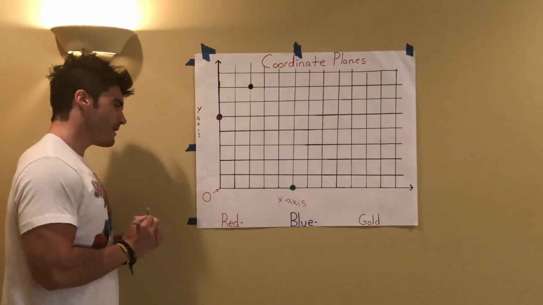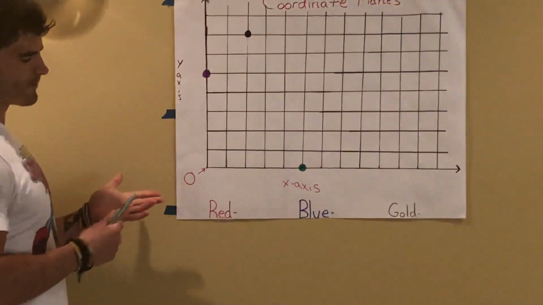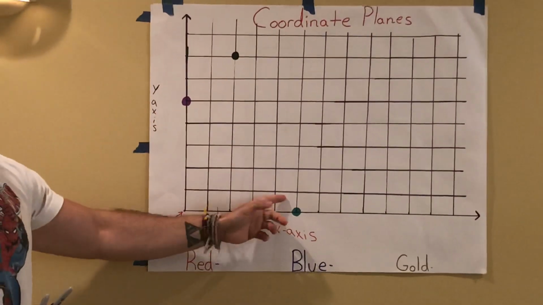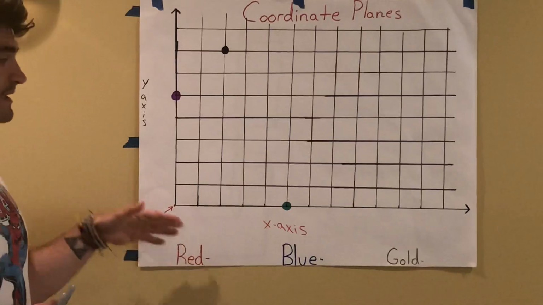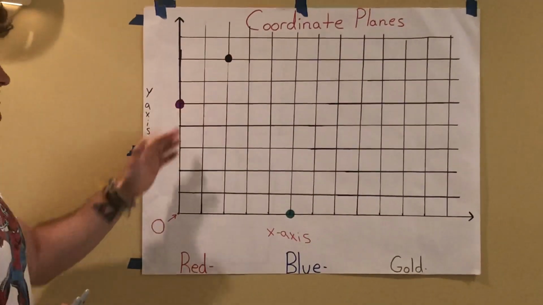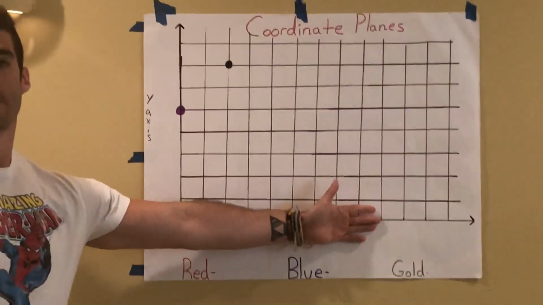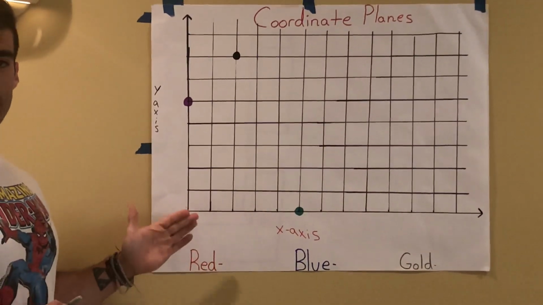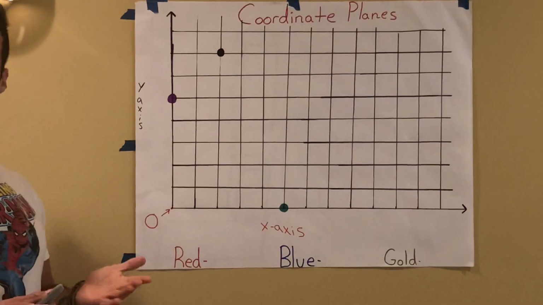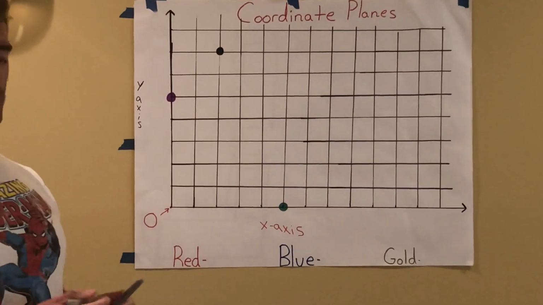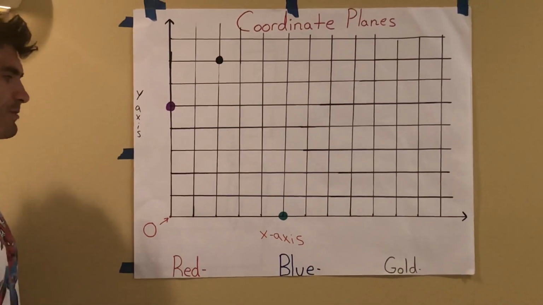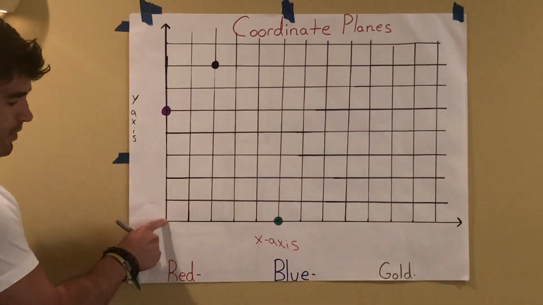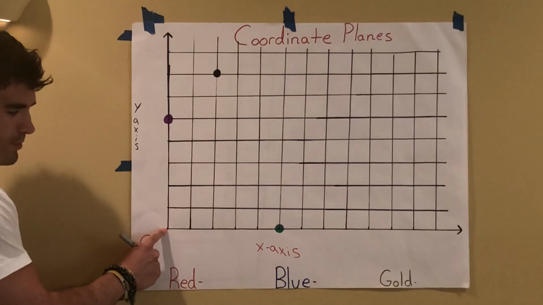Looking at this, I'm going to first start by identifying these dots that are already pre-labeled on here. These dots are located at certain spots, but we haven't labeled our numbers. Sometimes your axes will be cut into fractions and whatnot, and I think that's on your independent work, but we're going to keep it fairly simple and just use whole numbers. I've already labeled 0 because that's the point of origin.